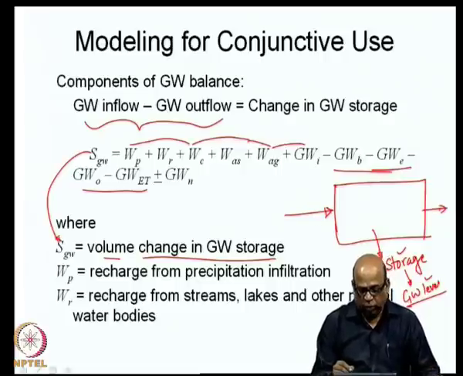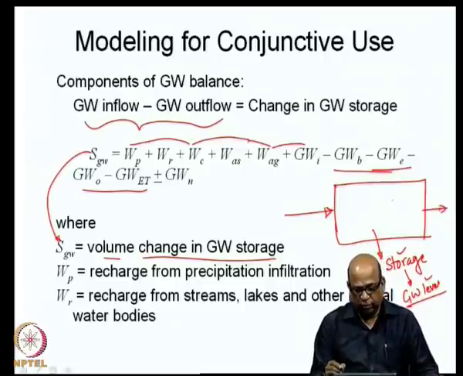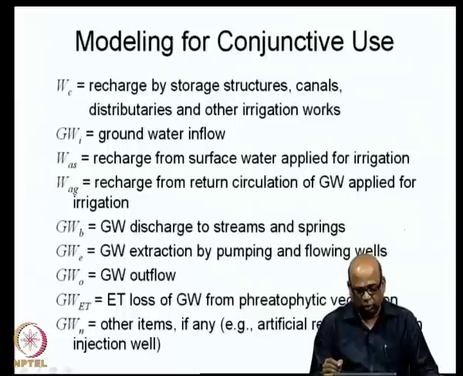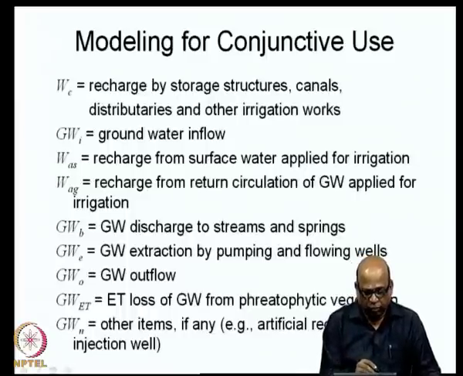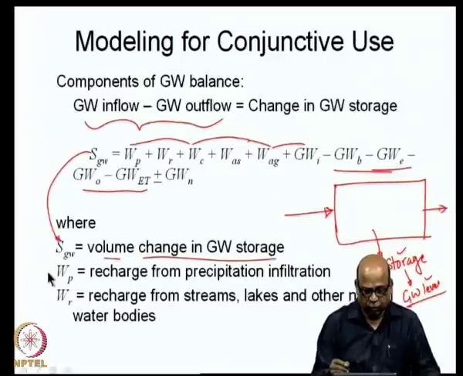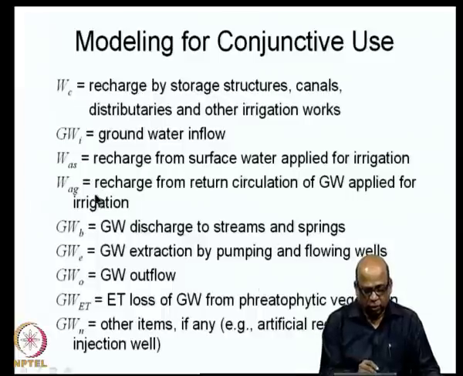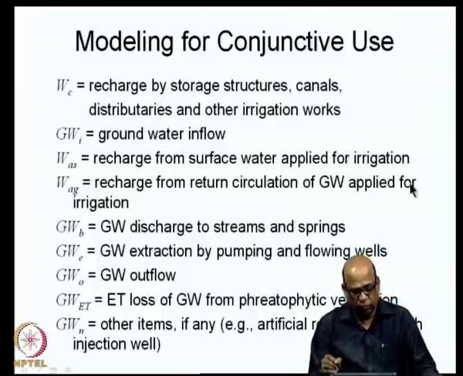So, GWI is this, what is coming into the control volume or the aquifer. Then you have recharge from surface water applied for irrigation. So, this is the WAS term. Then WAG is recharge from return circulation of groundwater applied for irrigation.